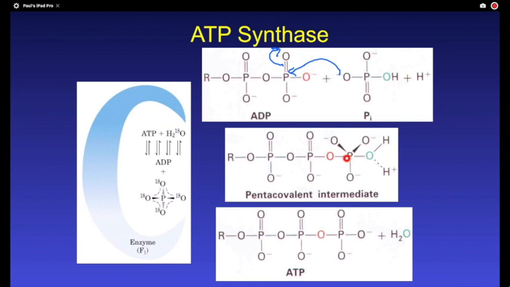You get a pentacovalent intermediate along this phosphorus. Sorry, I drew my arrows wrong. It's going to attack, sorry, this way. There, and kick up, because I'm putting them together.